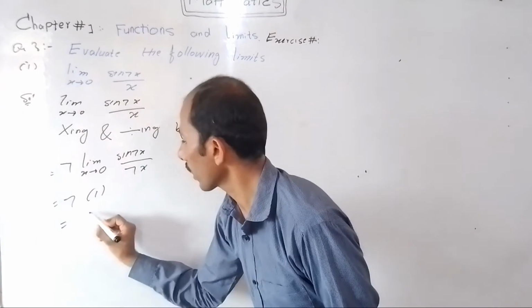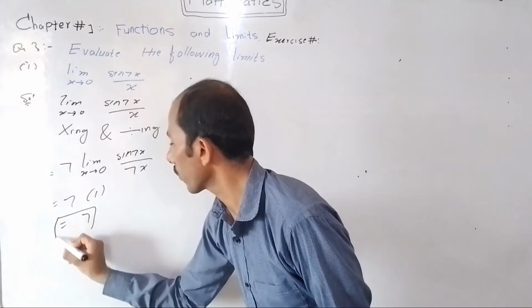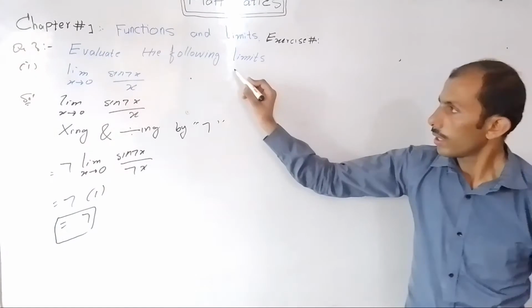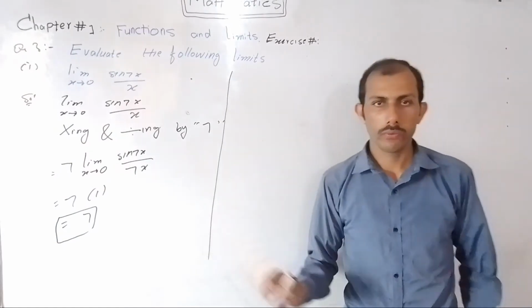So 7 times 1, which is 7, is the required solution of question 3 part 1.